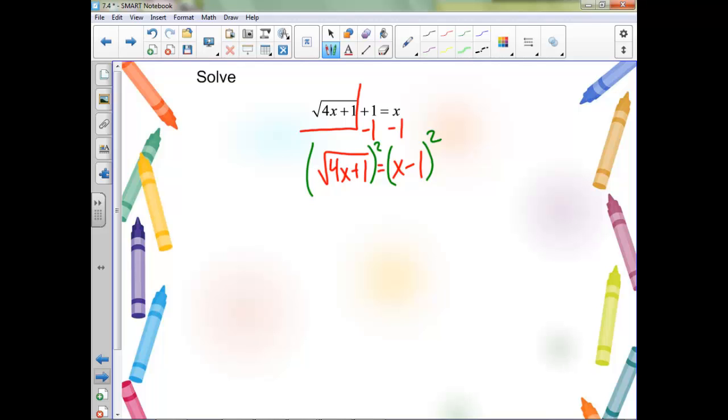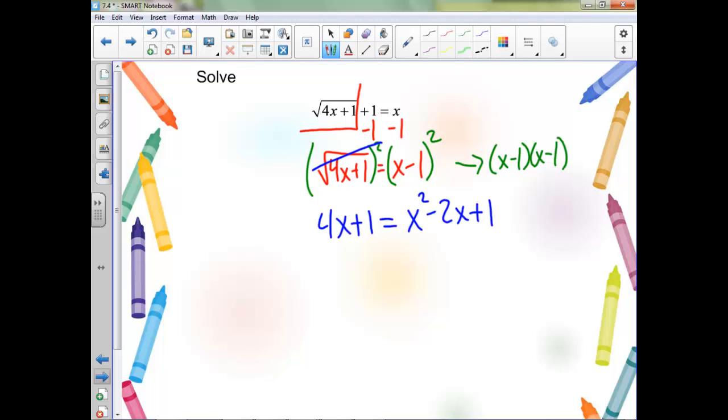So what this means is we have x minus 1 times x minus 1. On the left, these are going to cancel. We've got 4x plus 1. When we distribute on the right, we'll have x squared minus 2x plus 1.